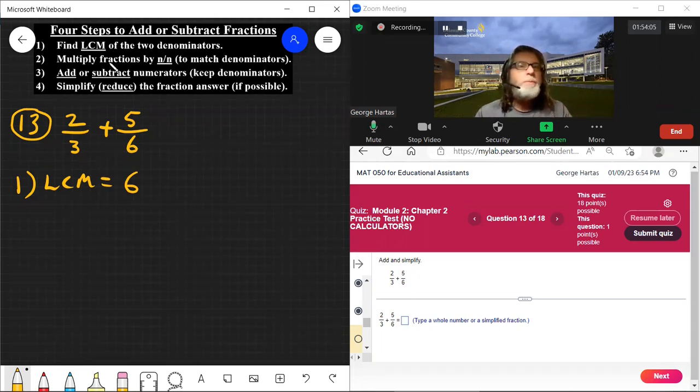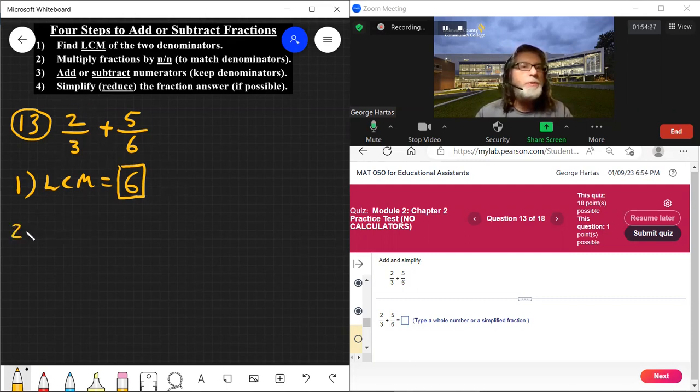Step number 2. Now, we're going to use our knowledge of the LCD to change this fraction to get the same denominators. That's what we're looking to do here. We need to make both denominators have the LCD. So how are we going to do that? Well, we got to do something to this fraction.